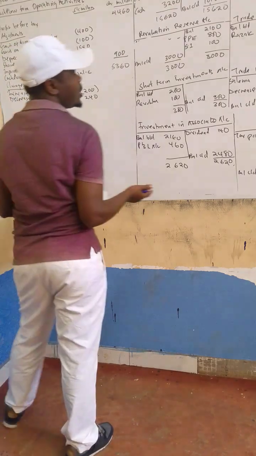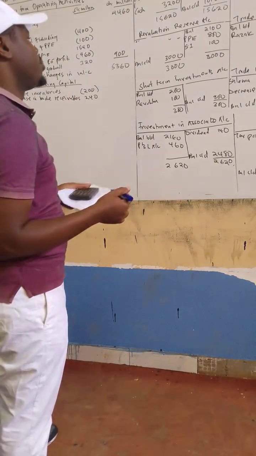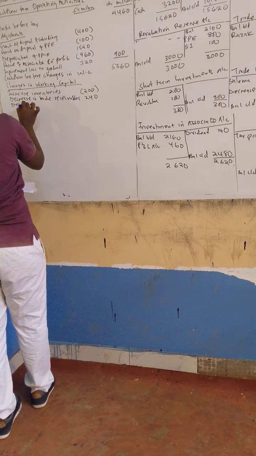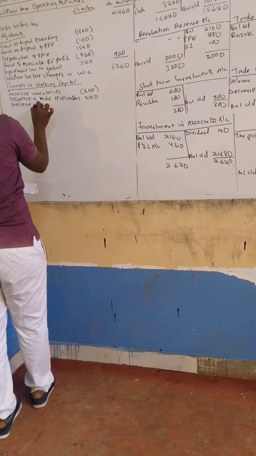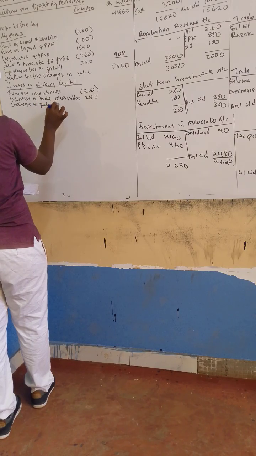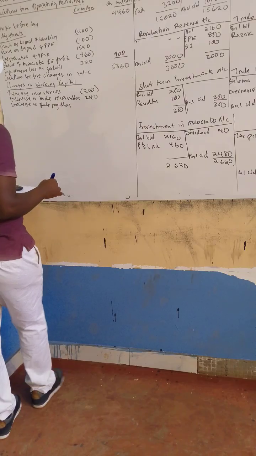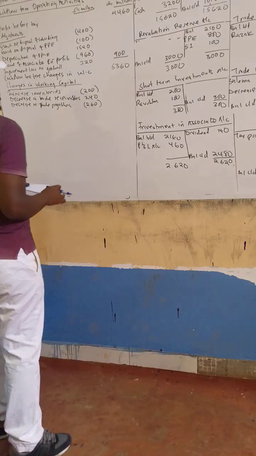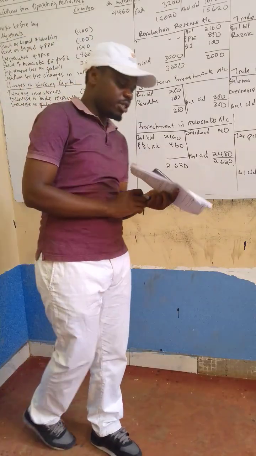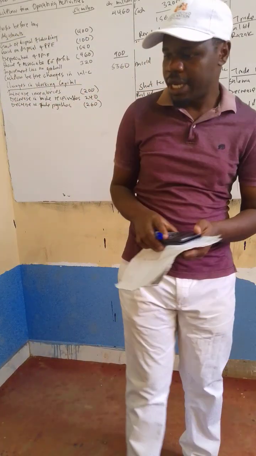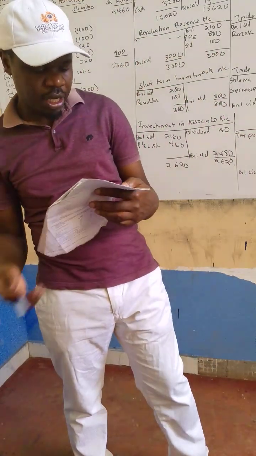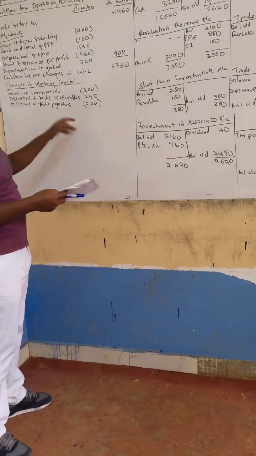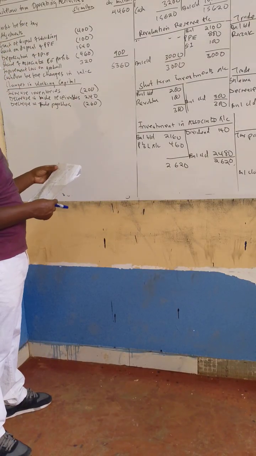Then there was a decrease in trade payables of 60, which you deduct, because when you are reducing your trade payables, it means you are paying more of your creditors or your suppliers. When you are increasing more inventory, it means that you are buying more stock, so notionally cash is moving out.